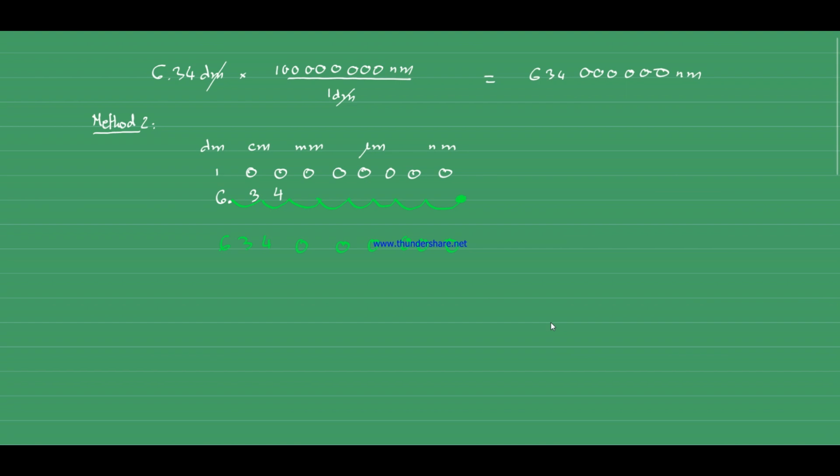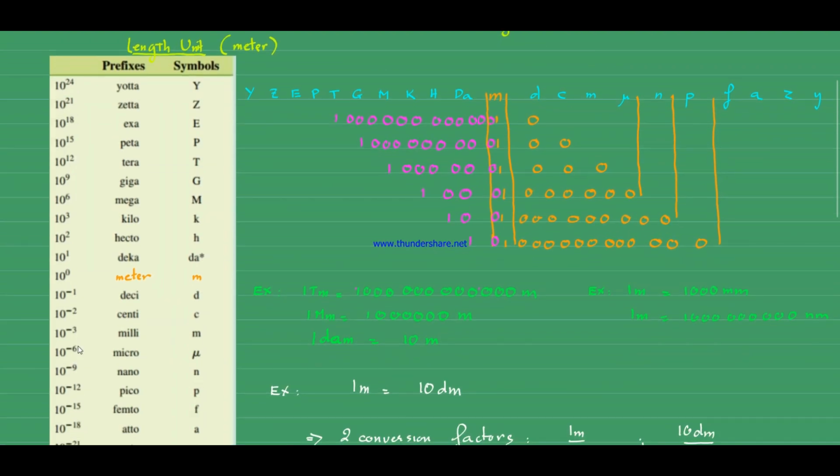Good. Or some students think this way. They say that from meter to micrometer or nanometer, it equals negative 9 power. So from here to this, negative to the 9 power.